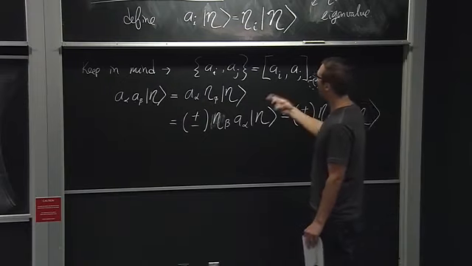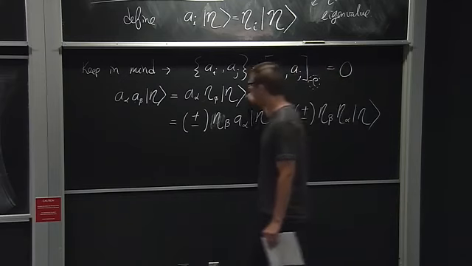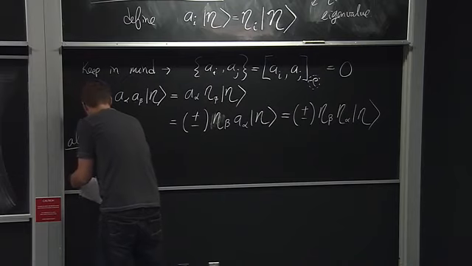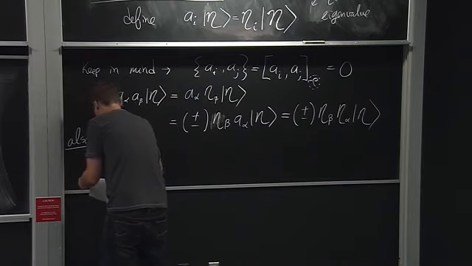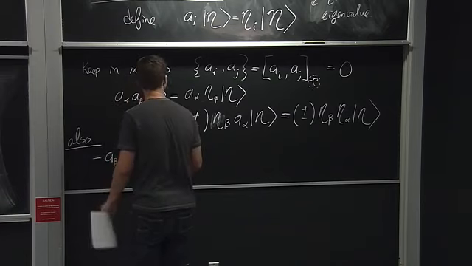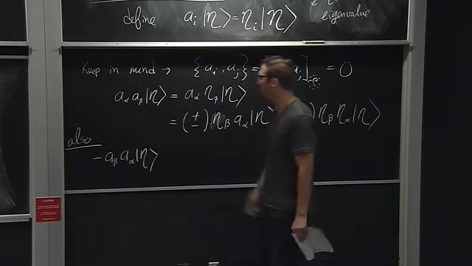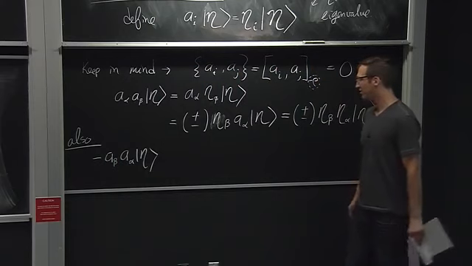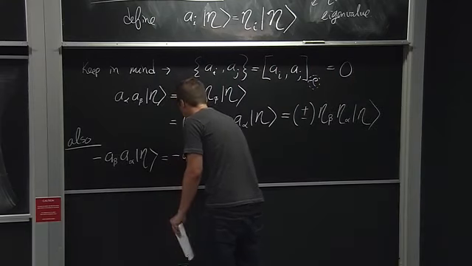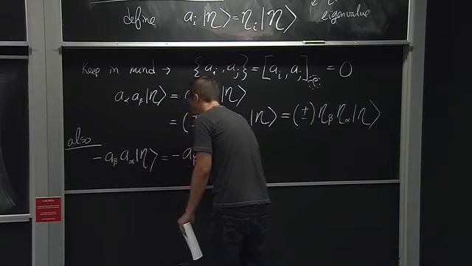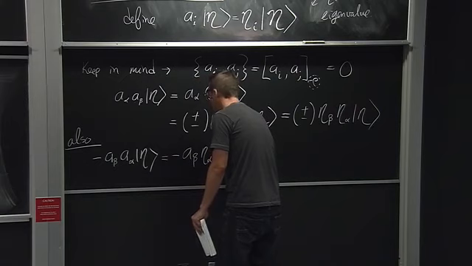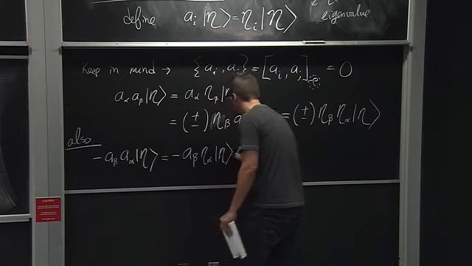So from the anti-commutator, I also have a minus, minus this operator product. You see where this is going now? Alpha operates first, I get eta alpha.